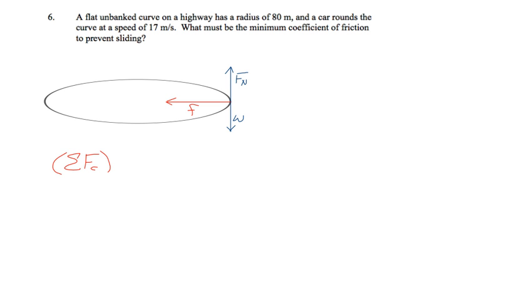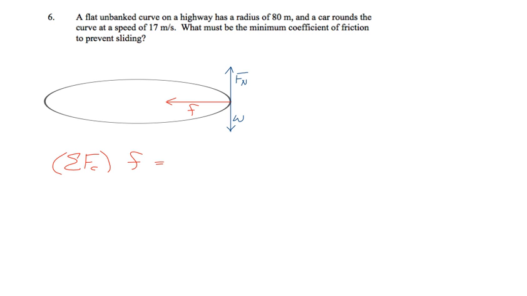So if we sum up our centripetal forces, the only force that's changing the direction is friction, and that's going to equal either mv squared over r or m r omega squared. Both of those are ma.